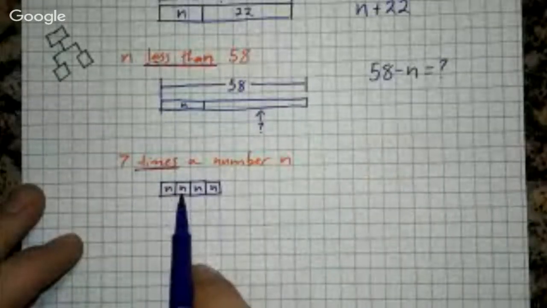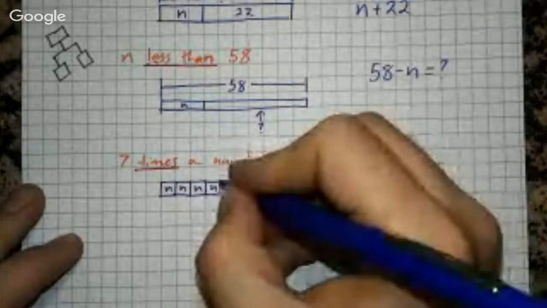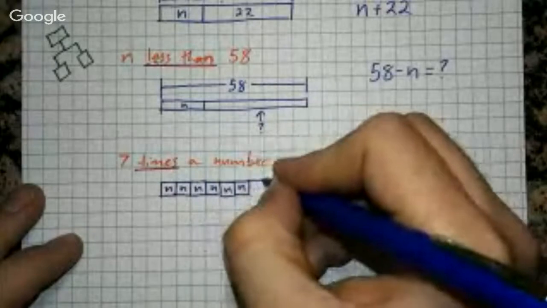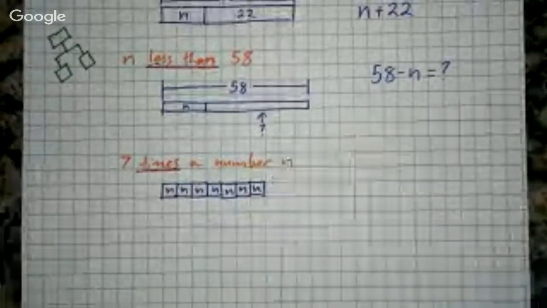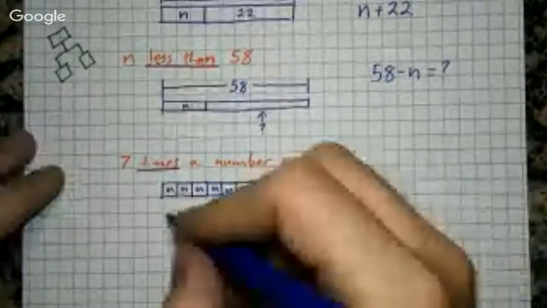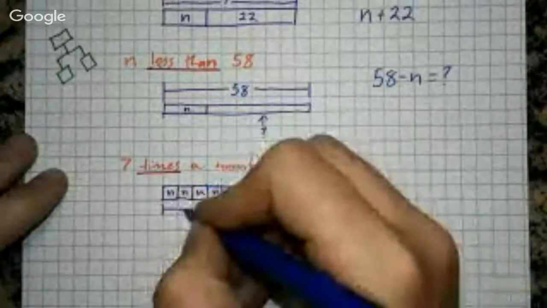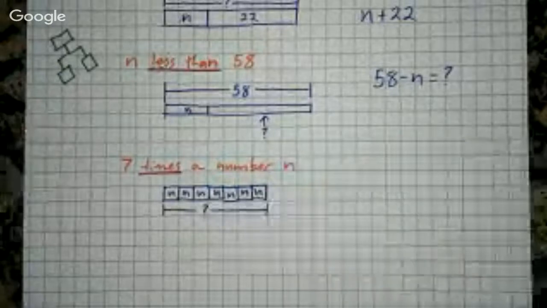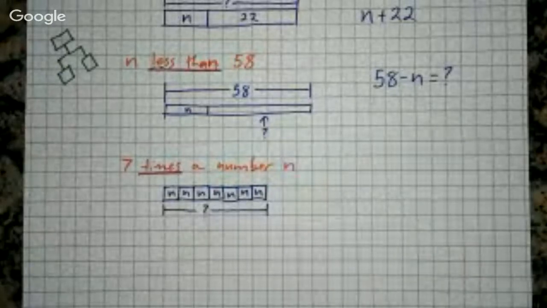This is 1 time, 2 times, 3 times, 4 times, 5 times, 6 times, and 7 times. And then what we'd be looking for is how much is all of that? 7 times a number n.